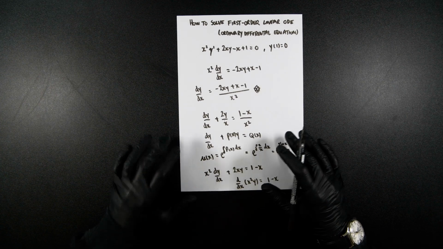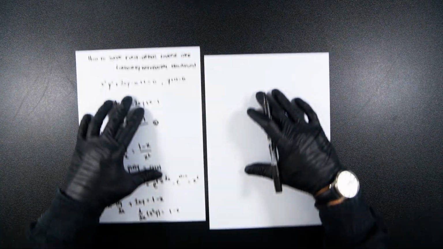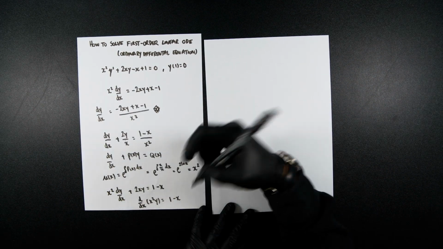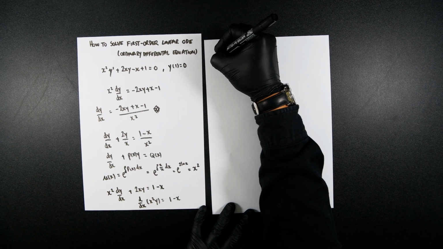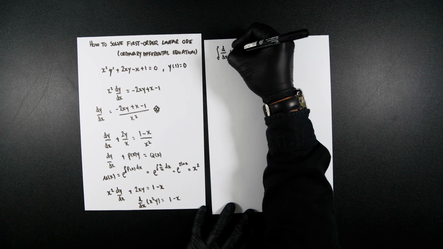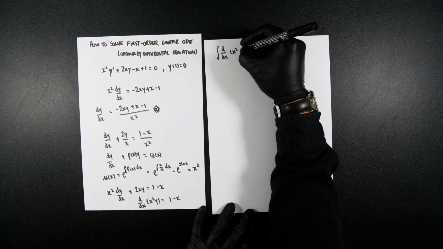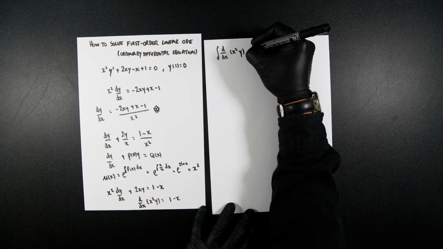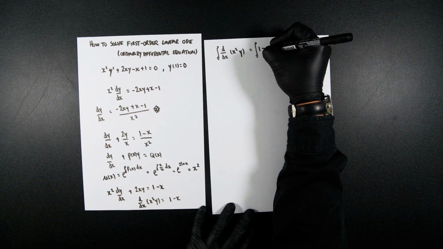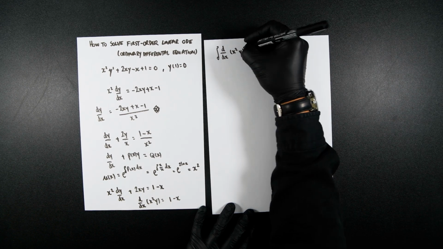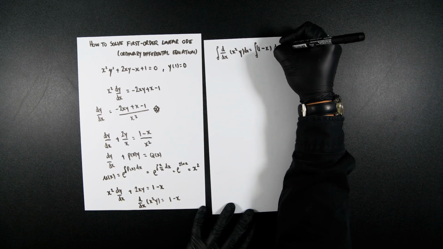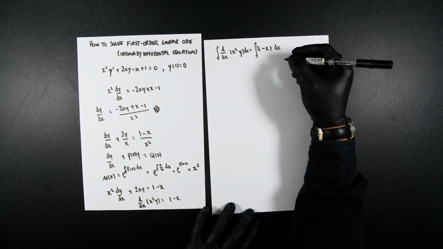So we can move to the second step, which is going to be integrating it. So let's integrate both sides. Let's integrate the left-hand side and integrate the right-hand side. So we have the integral of d/dx of x squared y equals the integral of 1 minus x. There should be a dx here, and there should be a dx here because that's what we're integrating with respect to.